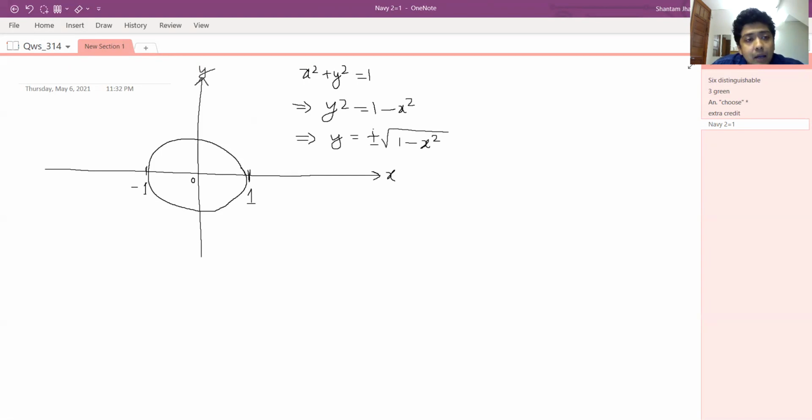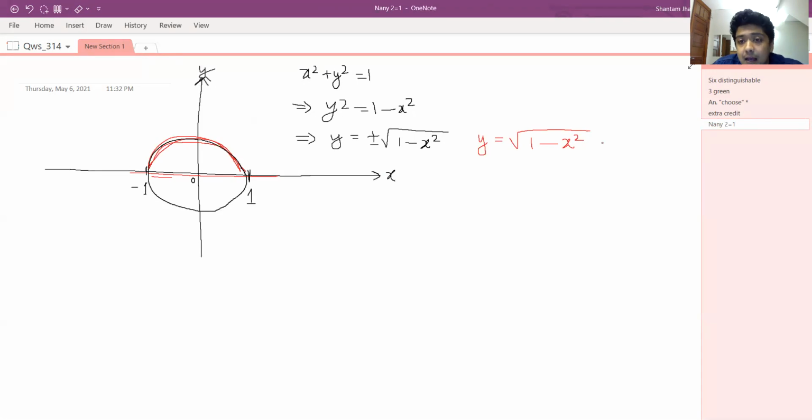Okay. But if I were to focus just on the top half of the circle, meaning just on the positive values of y, which I'm going to highlight with this red curve here, just the top half of the circle, just the positive part of the y-axis, then I can say y equals square root of 1 minus x squared.